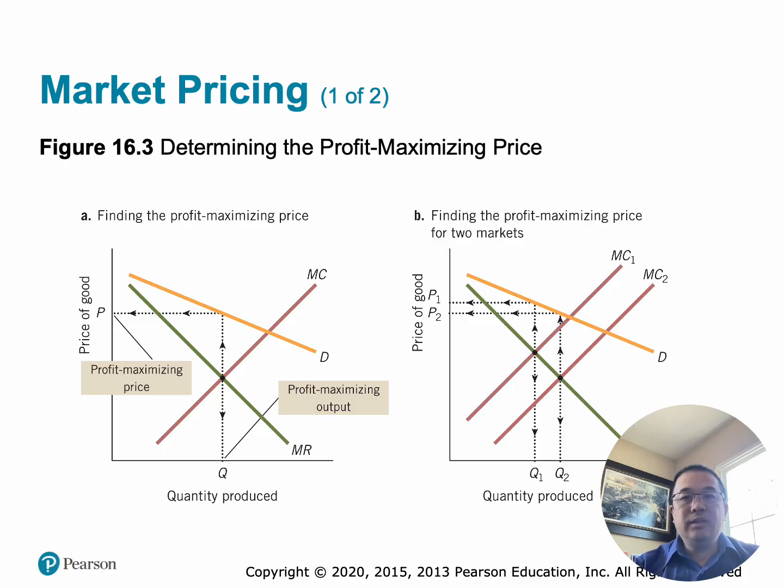Part B, two markets. This is shown on the right graph. So now the company sells in two different markets. For example, market 1 equals the United States, market 2 equals Mexico. Different countries often have different incomes, different competition levels, different demand. Therefore, profit maximizing prices may differ.